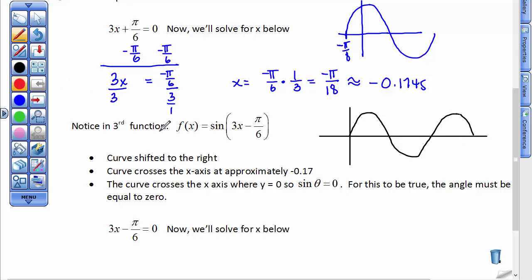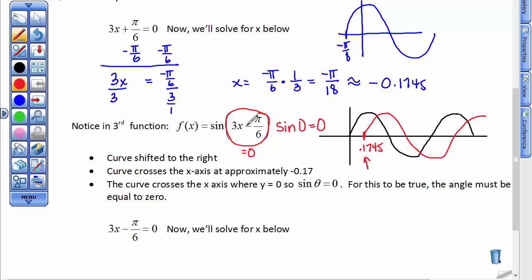But this second curve, this third function that has a minus sign right here, is going to be shifted to the right by that 0.17 amount. So that spot right there is going to be a positive 0.1745. See this 0.1745? That's because all of this has got to be equal to 0, so that the sine of 0 will be equal to 0, and that will give me that positive point.